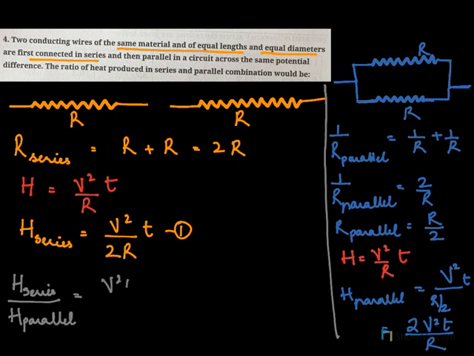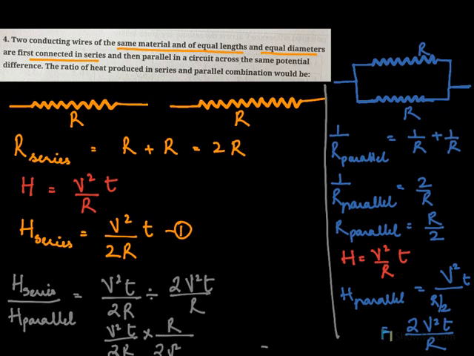So the series is V square T over 2R divided by parallel, which is 2 V square T over R. So we have V square T over 2R, the division becomes multiplication, R over 2 V square T. Cancel this, your answer will be 1 by 4.